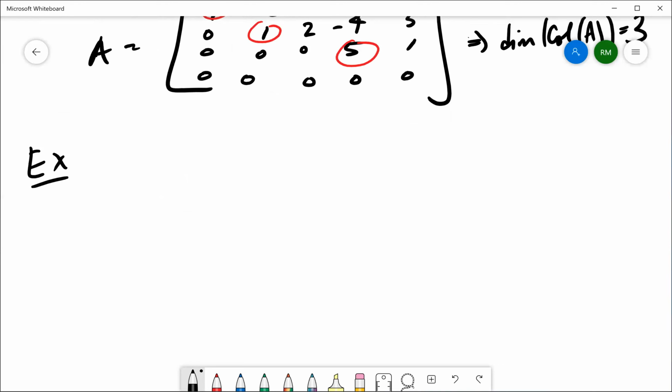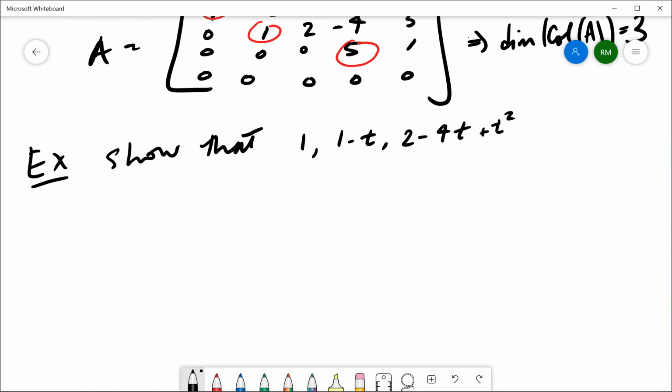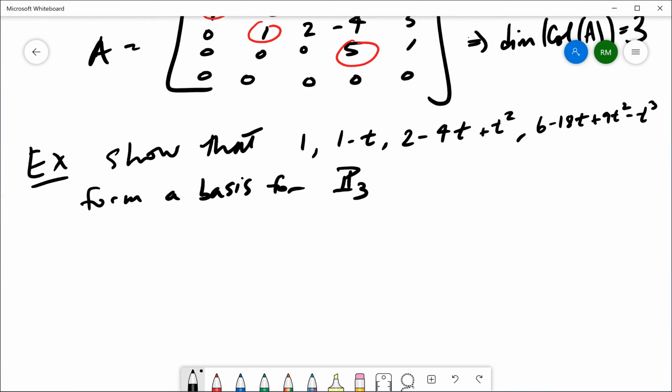And I want you guys to also show that these vectors form a basis for P3.